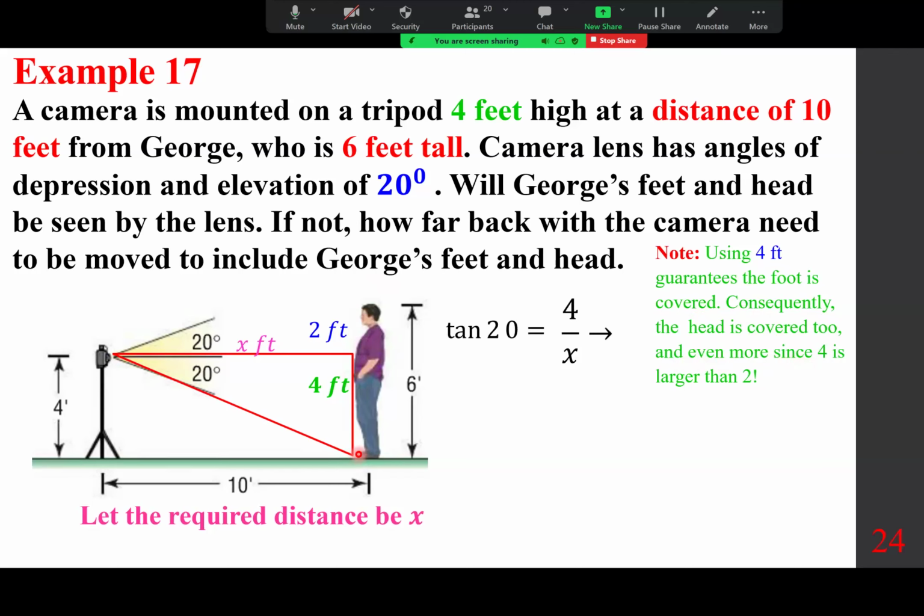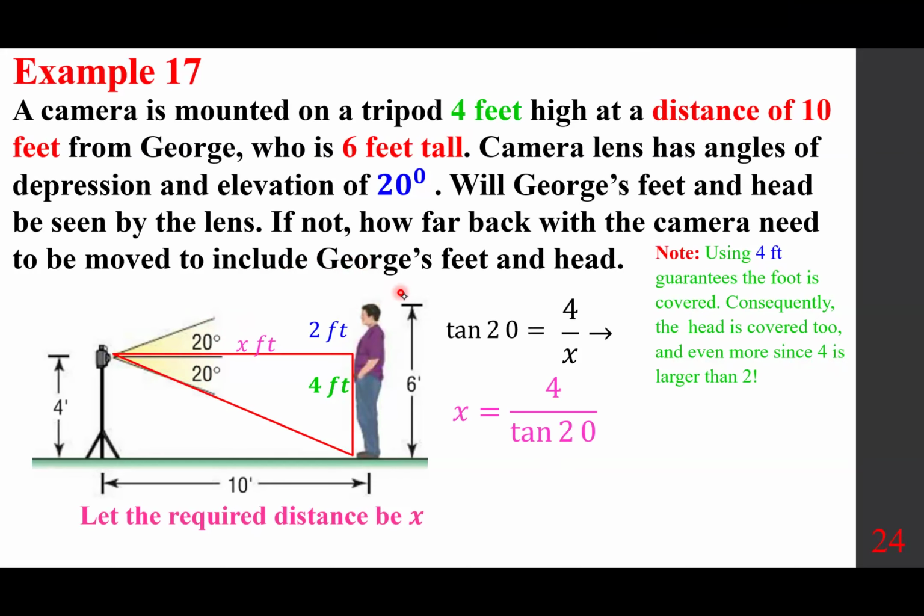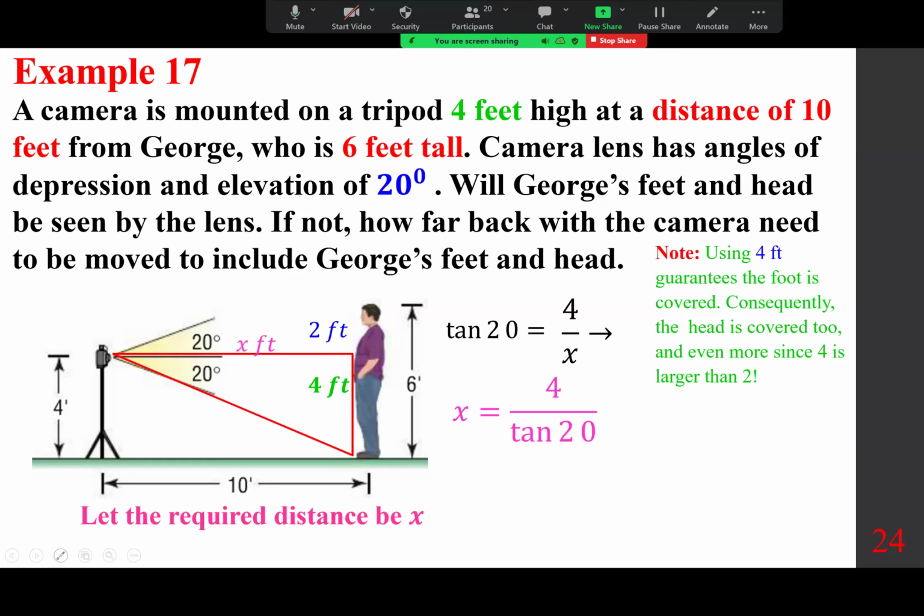So if we cover the foot, and this is 4 feet, for sure, this is the same 20 degrees, right? So whatever this covers, this will cover too. And according to this, if we go with 4, it covers up to 4. So definitely the head will be covered. All right, so with that being the case, x is 4 over tan 20, as I mentioned, comes from a cross product.